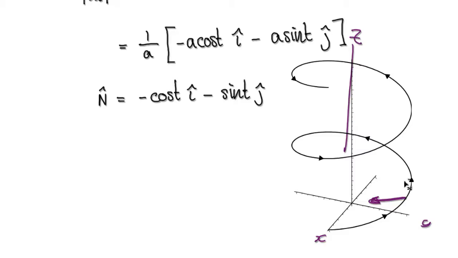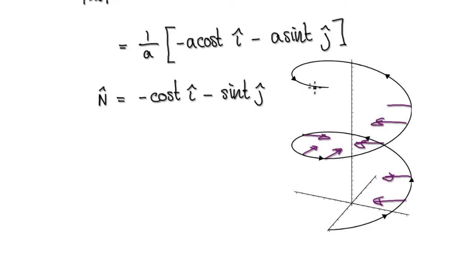So as the particle is moving, the normal vector is always pointing inwards like this. It's always horizontal, because there's no vertical component, so it's always pointing inwards like this. Okay, so this is your final answer here.